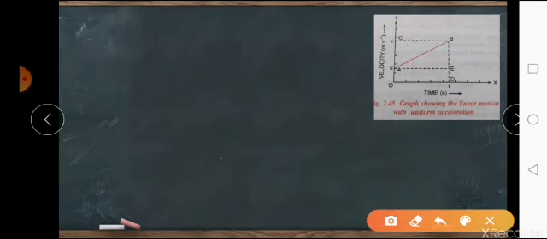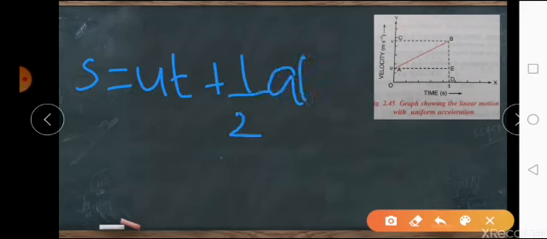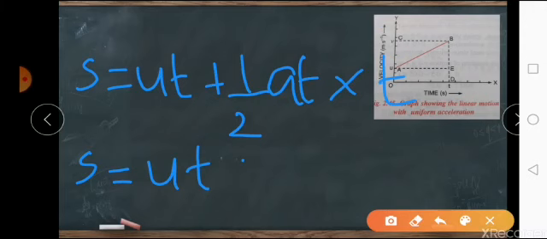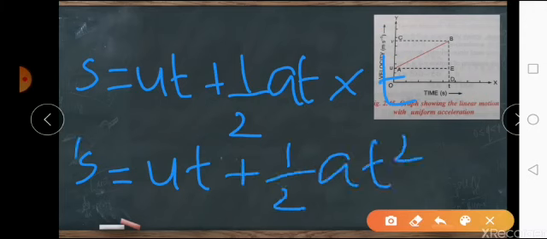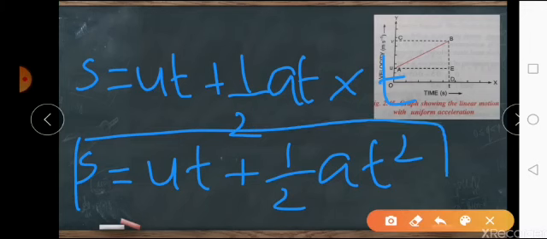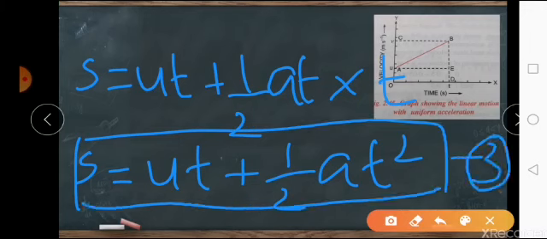Once you replace it, let us see what we get. S is equal to UT plus half AT into T, or S is equal to UT plus half AT square. Now this is nothing other than your third equation of motion, equation number 3.